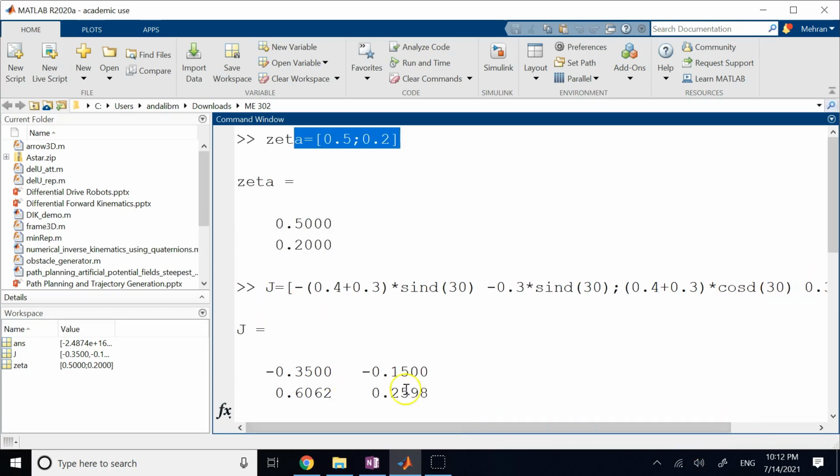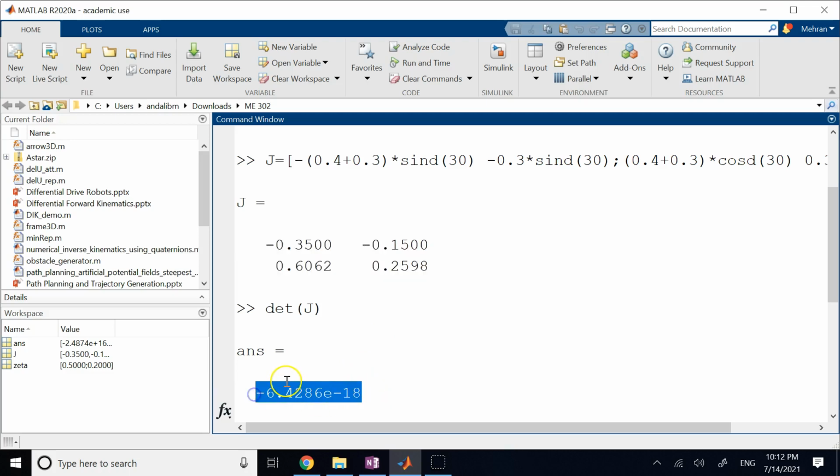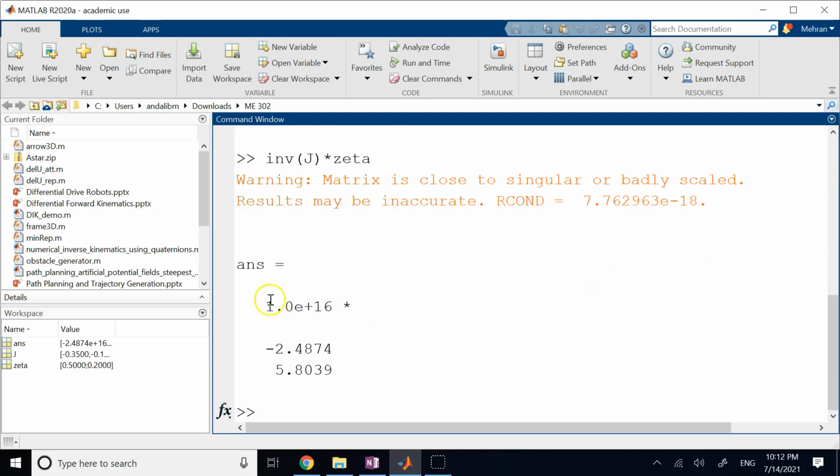That's your J matrix. The determinant of that is 10 to the negative 18, which is practically 0 in MATLAB. And then I multiplied inverse of J by zeta, and look at the numbers. It says the only way you can achieve it is by theta 1 dot and theta 2 dot to be something times 10 to the positive 16 radians per second.